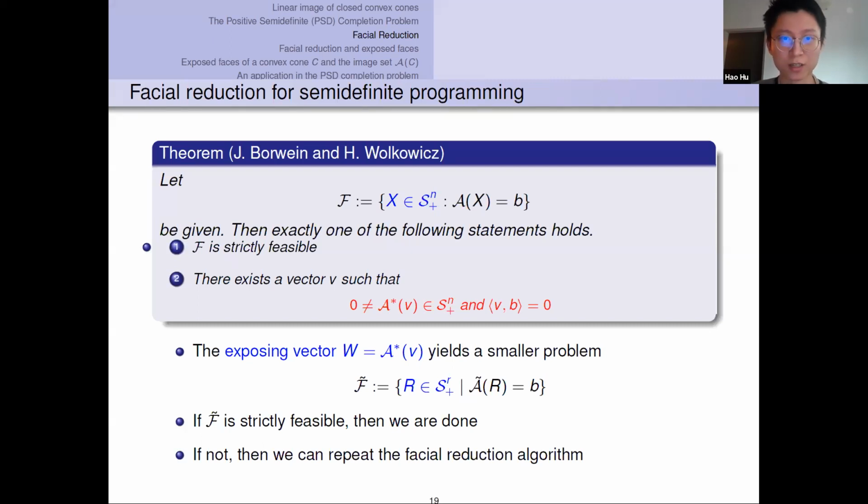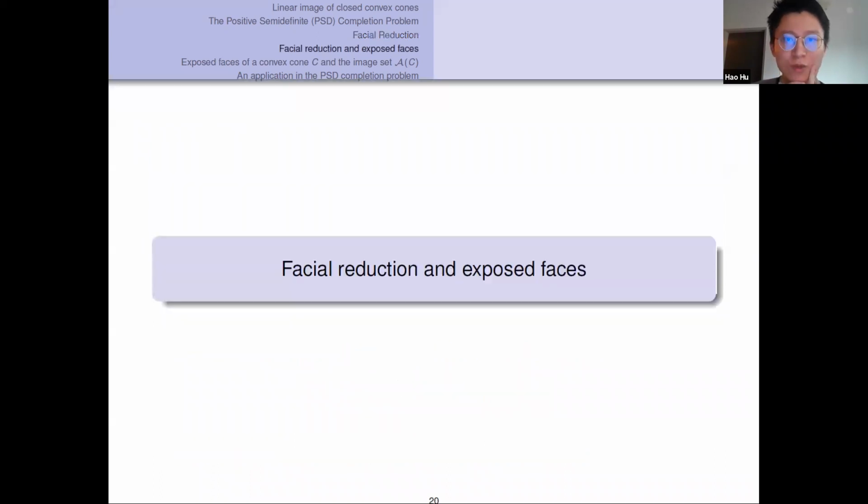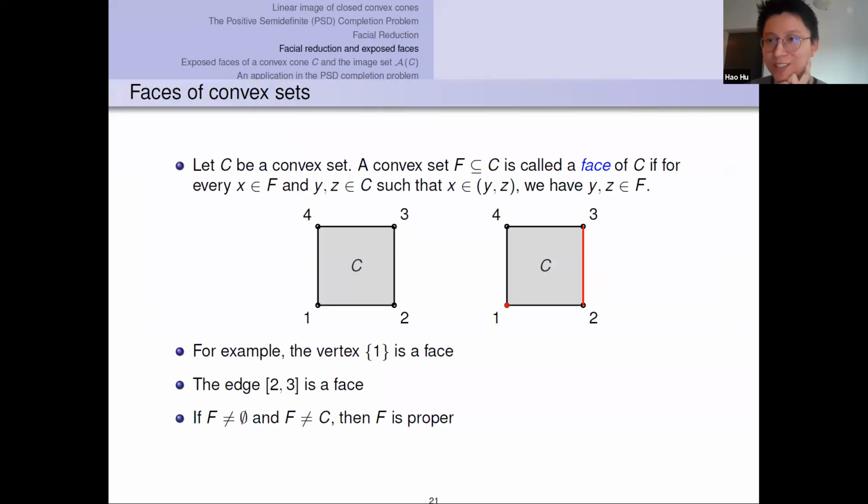All right, so why do we call this an exposing vector, and why is the whole algorithm called facial reduction? That is what we are going to do next: the connection between facial reduction and exposed faces. Exposed faces were also discussed in the previous talk. Let me just go through it slightly here again.